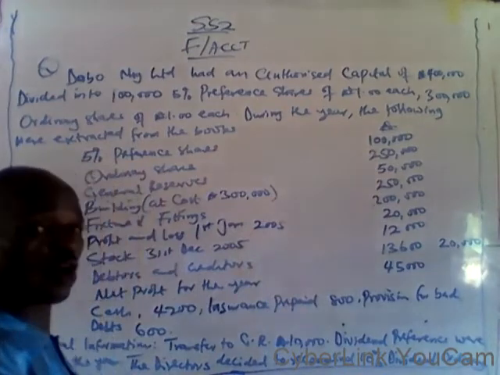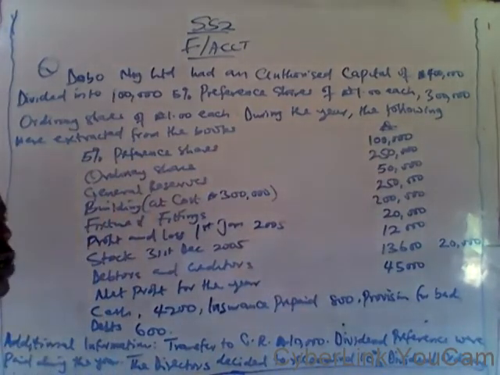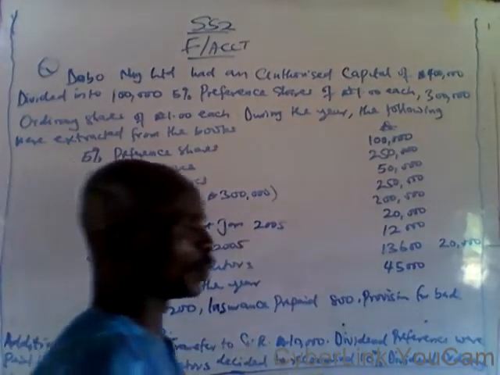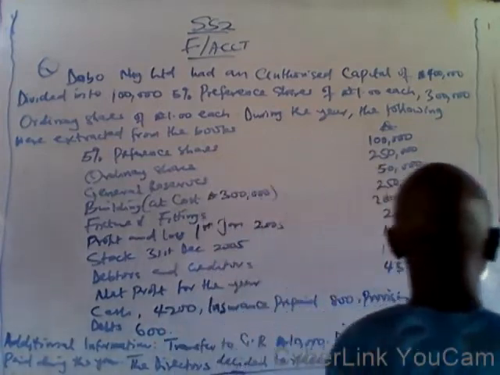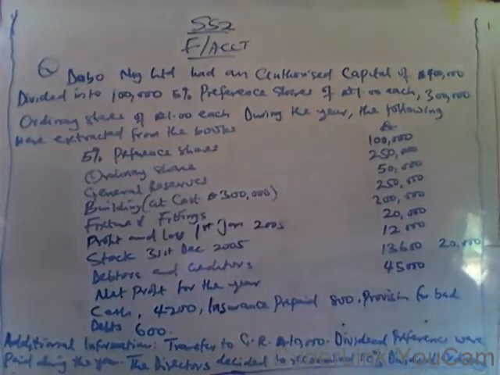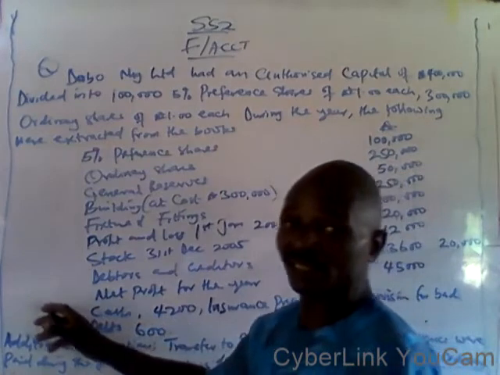You have it immediately after the current liability. You have a dividend column, and you write the ordinary shares, 25,000 naira. That's what we have under the liability side.